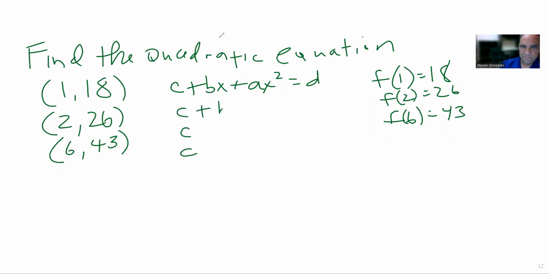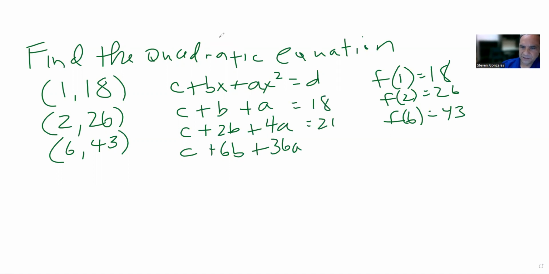I'm going to have a B, a 2B, because I'm replacing X, and a 6B. And I'm replacing X squared with 1 squared, X squared with 2 squared, and X squared with 6 squared. And then I have to put all the function values. So that's going to be my form.